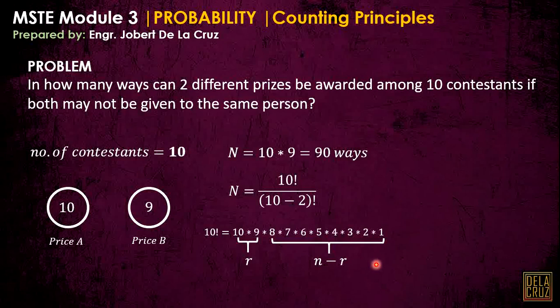Now, as you can see, this is just the formula of the permutation. Or we can rewrite this into nPr. Okay, so mas madali ito compared sa itong formula na to. Okay, kaya as you look at this at first, itong solution na ito, masasabi niyo talaga na mahaba. But on our preceding problems, I know mas madali ito compared sa manual solution.